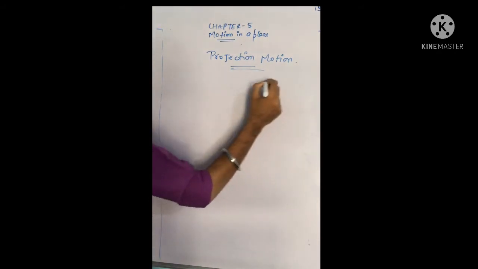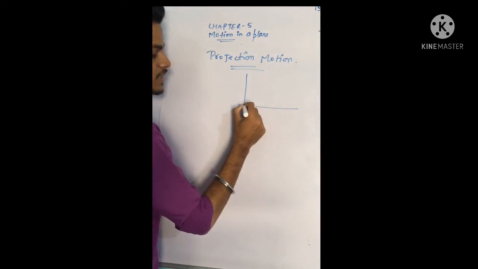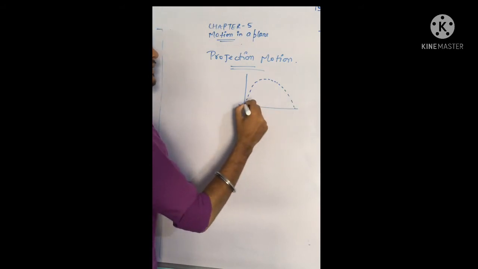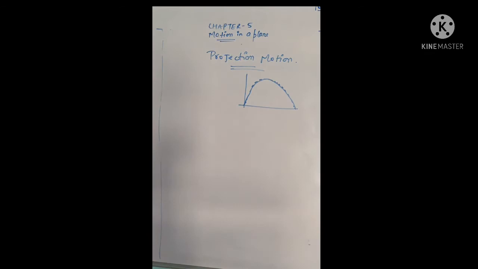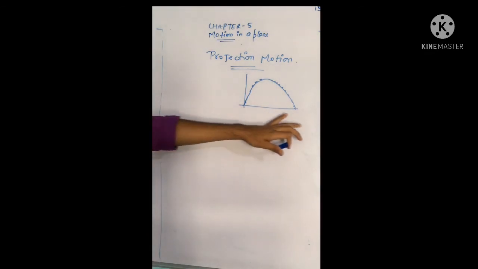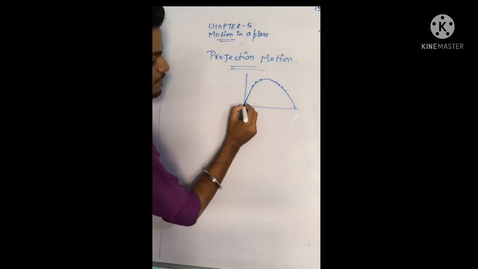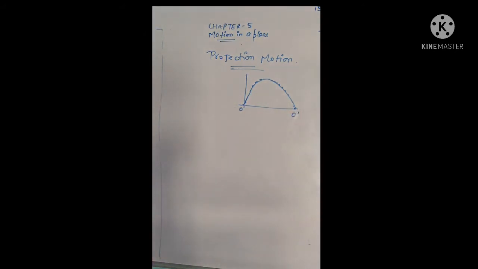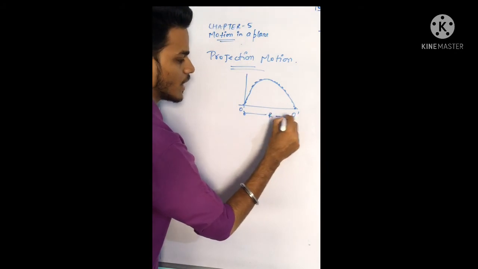But if the path is changed, say we are throwing a ball from here, after some height the ball will return, with a velocity equal to 0 at the final position. Okay, so if we are throwing a ball from O and it reaches O dash, let this distance be R.